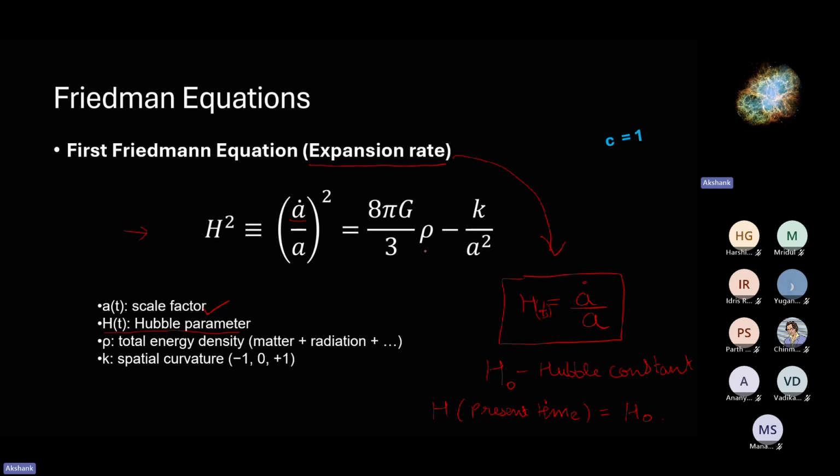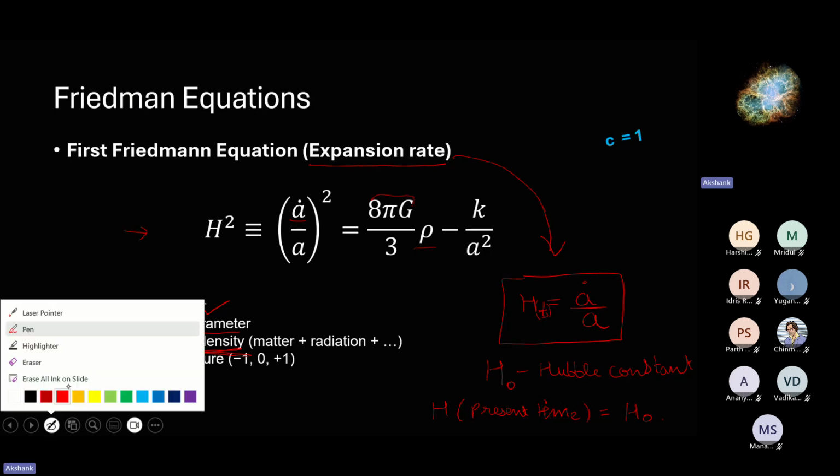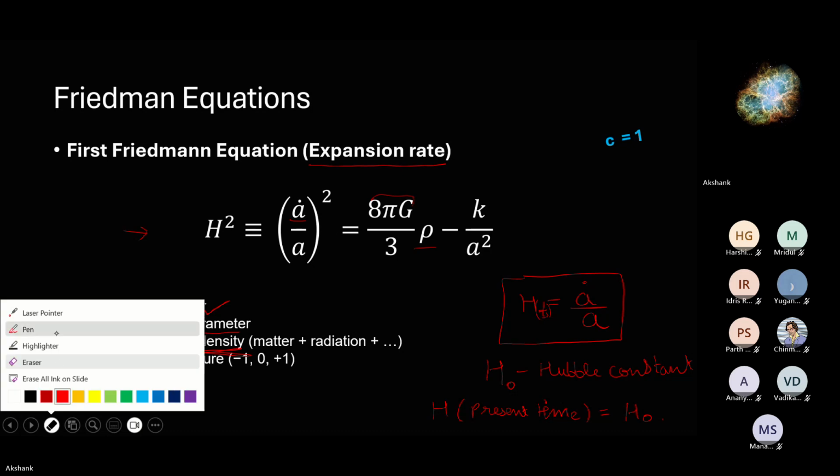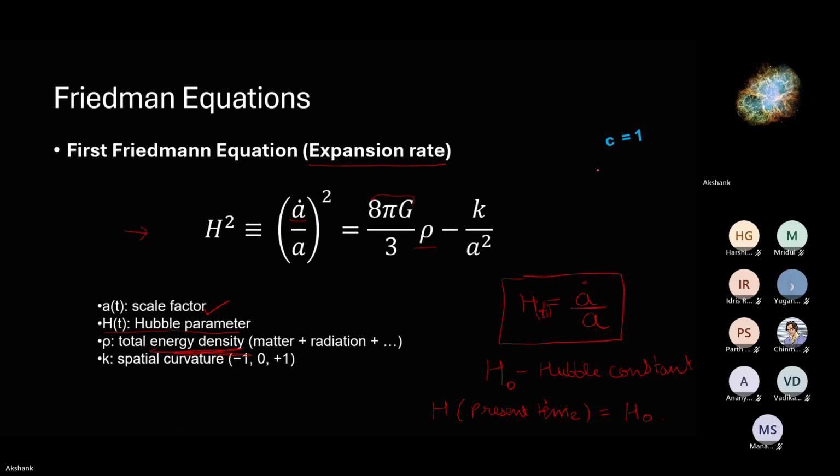Then you have some other terms like 8 pi G by 3, again, a constant. Then you have rho. Rho is the energy density. So, you remember E equals mc squared?